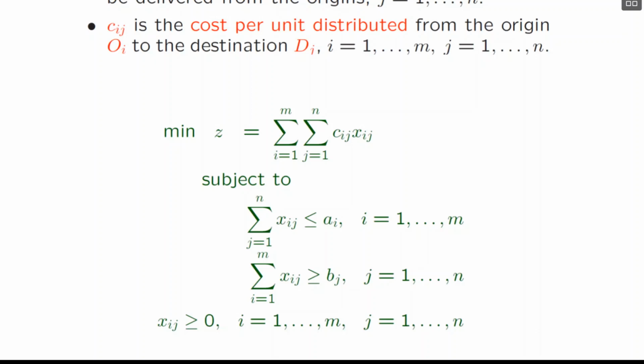These are for the supplies, and these are for the demands. Sum i equal to 1 to m Xij should be greater than or equal to bj. These constraints are due to the demands, and obviously Xij should be greater than or equal to 0. That is, the amount of items to be transported from one origin to another destination must be non-negative. It cannot be negative, it is trivial.